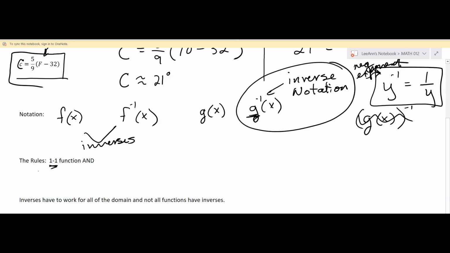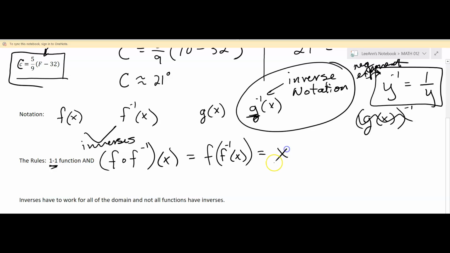Then two things have to happen. If you take a function and compose it with the inverse, which can be written as f of f inverse of x, that has to equal x. And then it also has to work the other way.